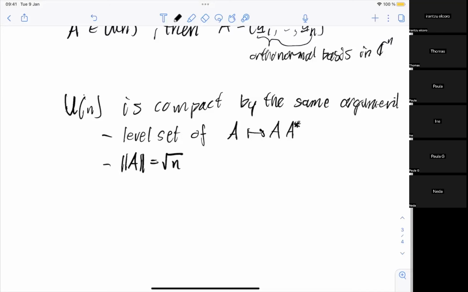So this is also like a compact group. So there are two examples of this property.